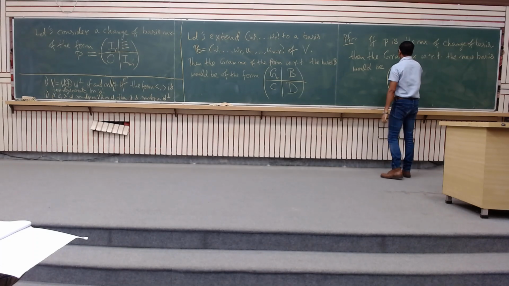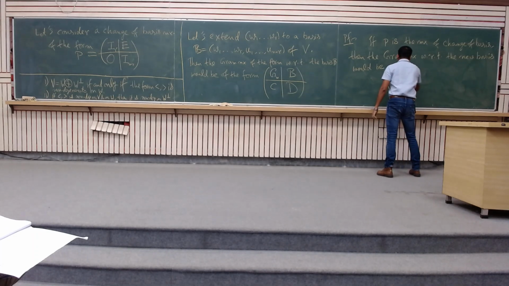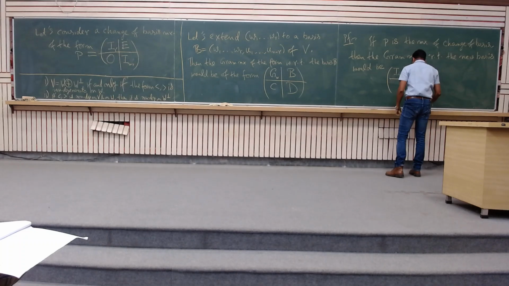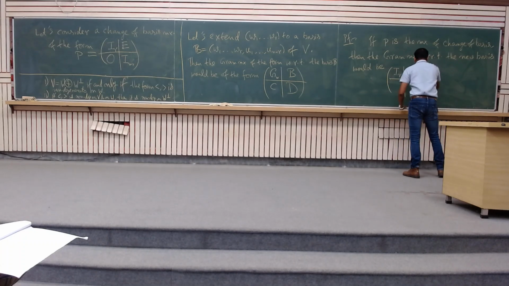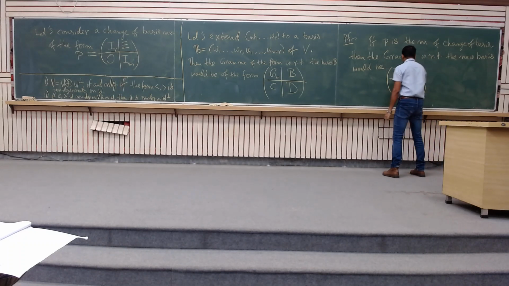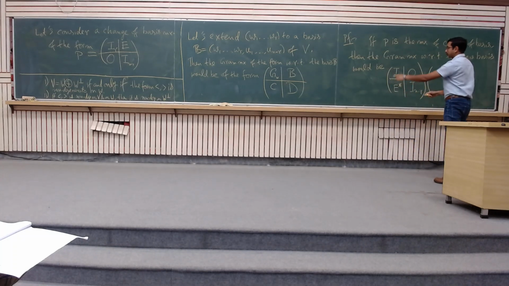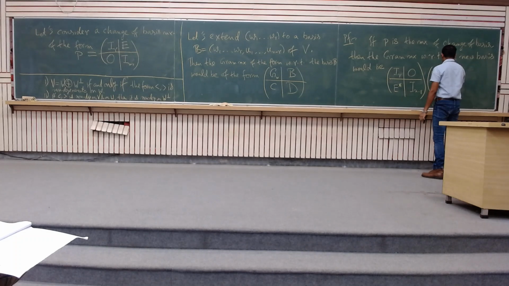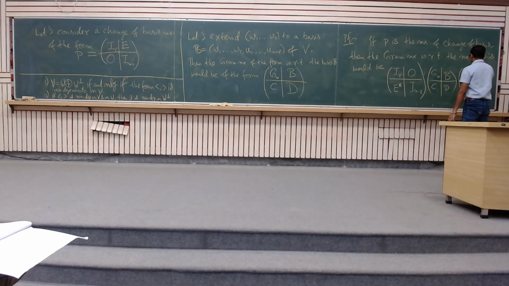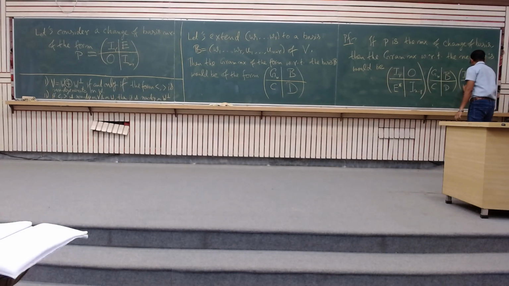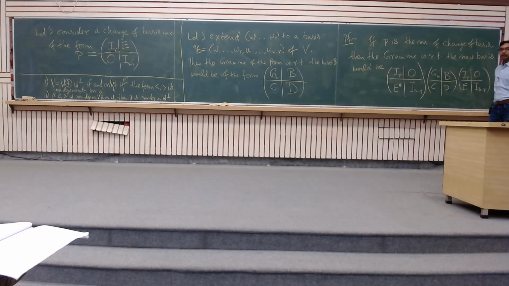So that would be IR, I n minus R. 0 here, E star here, and here this matrix GW B C D, and here the original P. So IR, I n minus R, 0 and E. Okay.